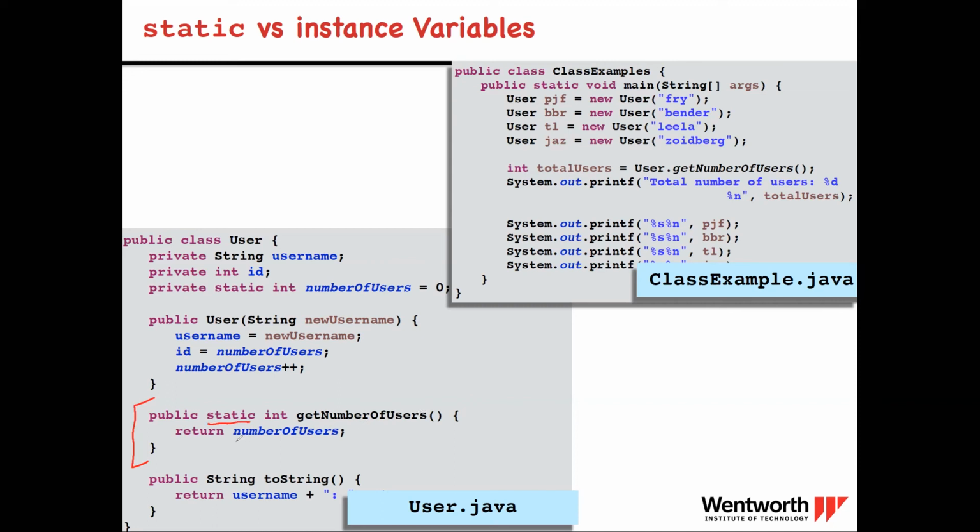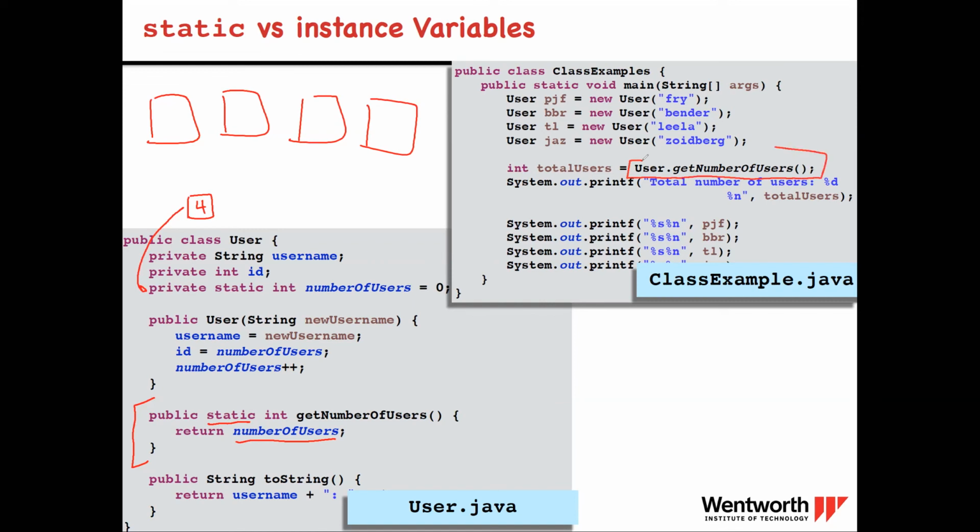All it does is return the number of users. Remember, this value has its little location, and we create Fry, Bender, Leela, and Zoidberg with all their different IDs based on this value. Let's say this value was 4 at the end of creating our objects. I can call this method right here.